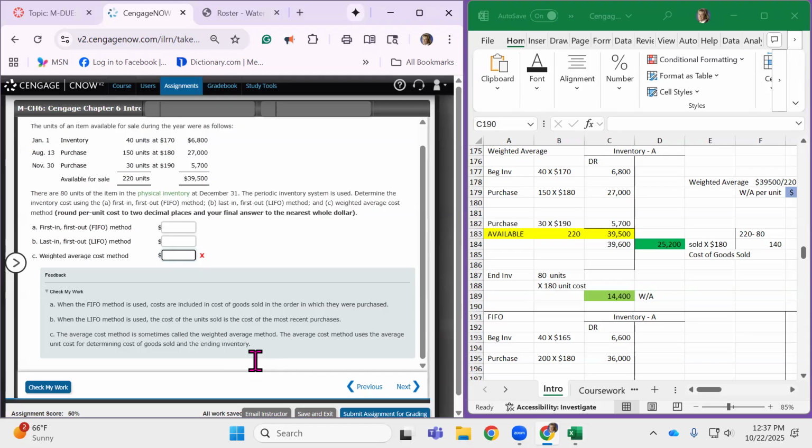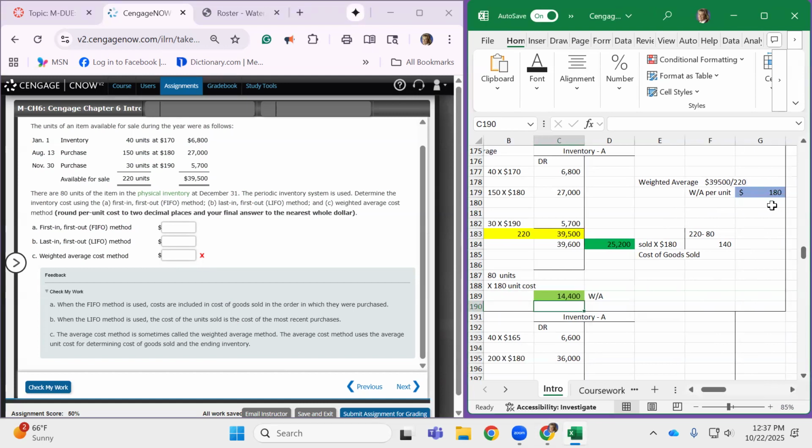Okay, we're just using weighted average. Round per unit cost to 2 decimal places. So they want 2 decimal places. That's what's wrong, I guess. So instead of 180, they want it further out. There it is. So they're getting that picky, huh?